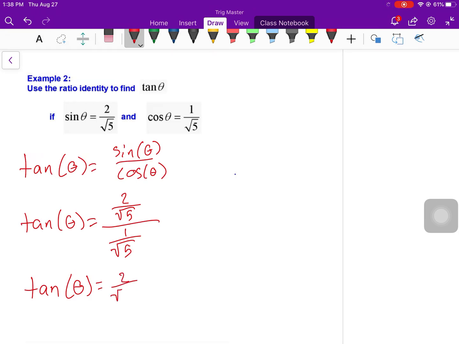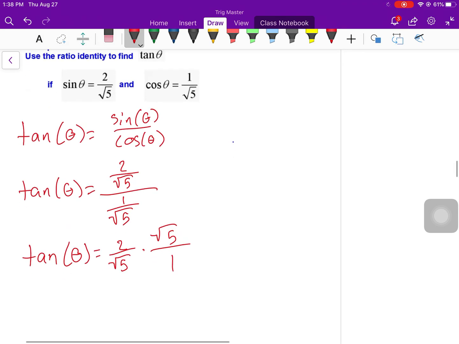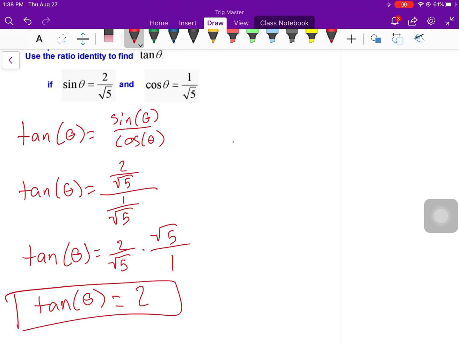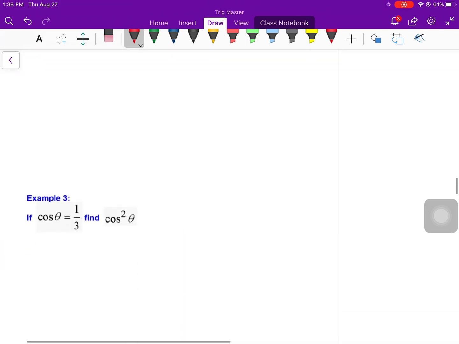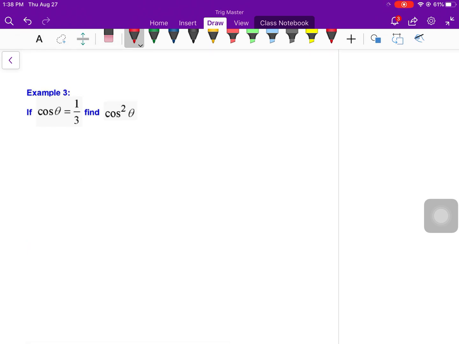I'm going to flip that bottom fraction up and multiply. Square root of 5 and the square root of 5 cancel each other out because that makes 1. So I have 2 times 1 over 1 times 1 gives us 2. Okay, these things cancel. 2 divided by 1 is 2. That one's, I think, probably the easiest example of the day.